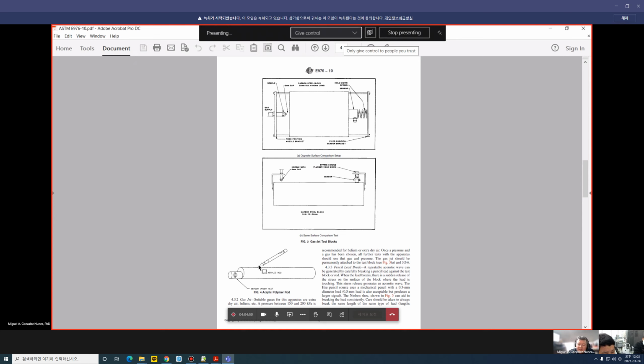Remember that you have the same reference. You have the pencil lead break. Yes. The pencil that you are using here is the same pencil that you are going to use in your specimen. You are using the same sensors. The only thing that you are changing is the couplant.